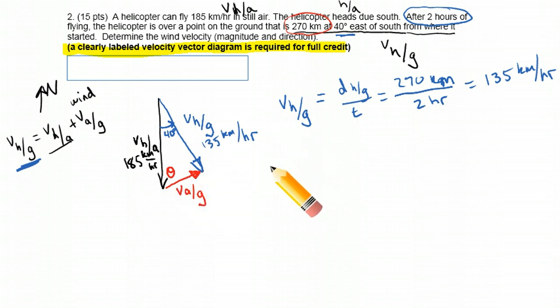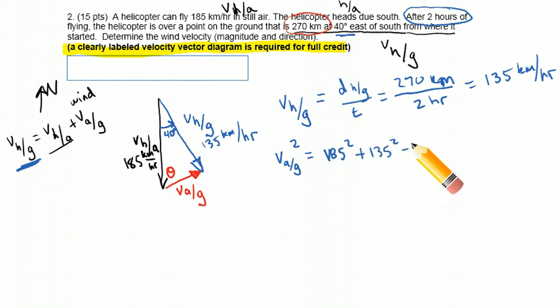Alright, so I'll write that out: velocity of air with respect to the ground squared is equal to, now I'll just write in my numbers, 185 squared plus 135 squared minus 2 times 185 times 135 times the cosine of 40.